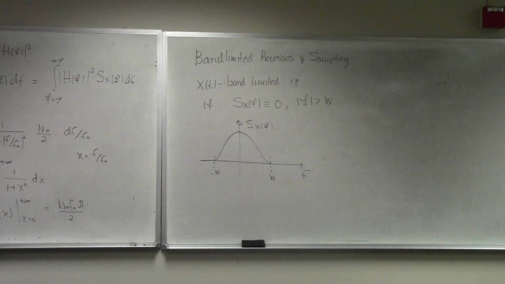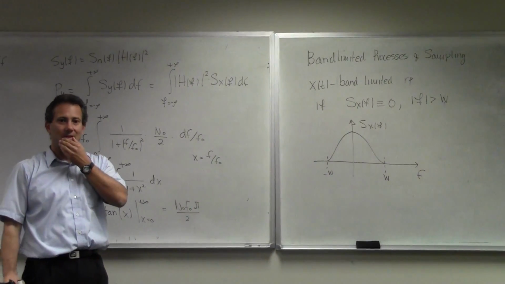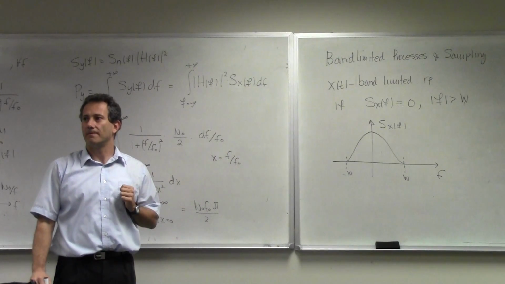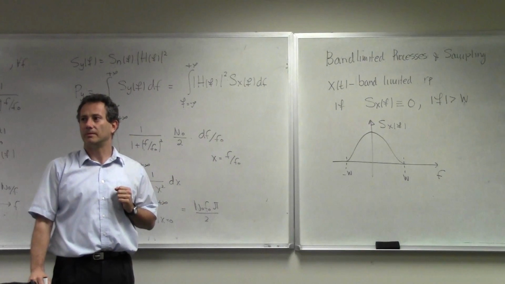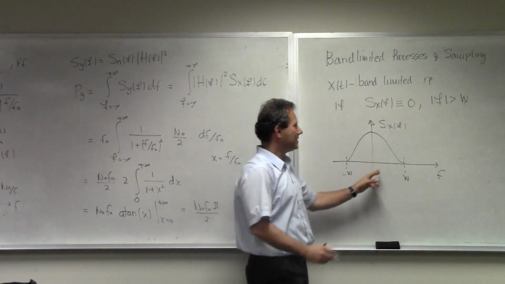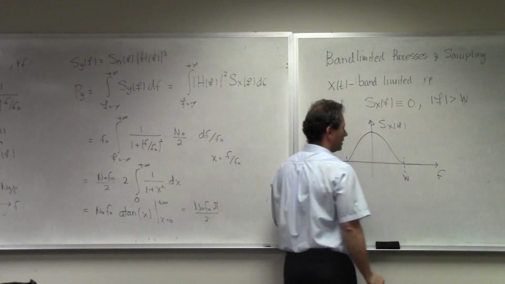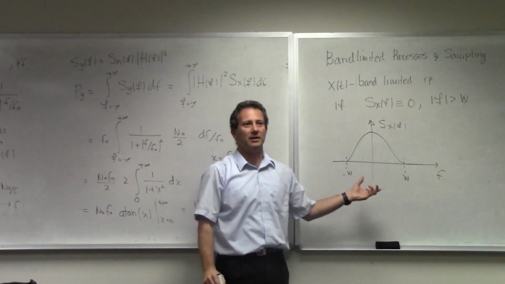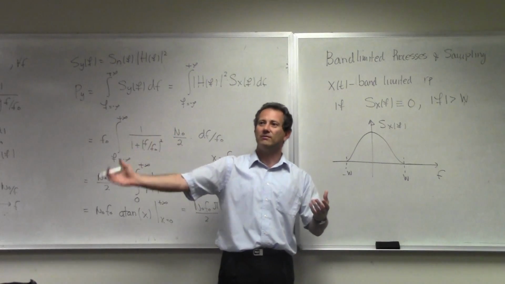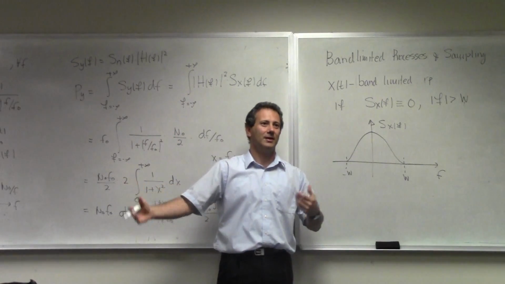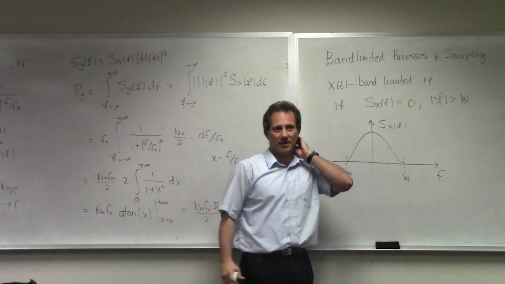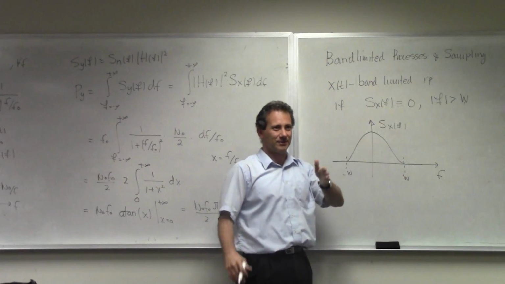For the linear systems students, let me ask you this. Can a process be really band-limited? What's the problem? No. Finite. Beautiful, right? If something is identically equal to 0, that means it's finite in the spectral domain. If something is finite in the spectral domain, it has to be infinite in the time domain. But nothing is infinite in the time domain. Even the universe had a starting point.